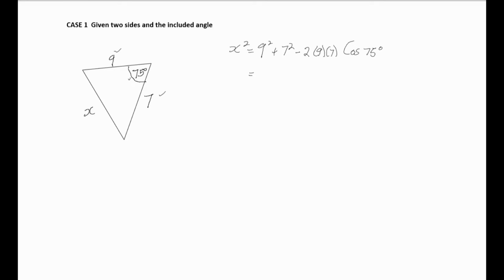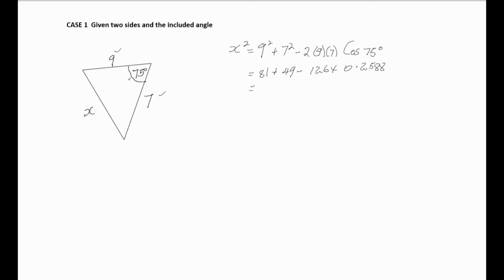So I have x squared going to be equal to 81 plus 49. When we evaluate these numbers, we get 130. And the cosine of 75 is 0.2588.